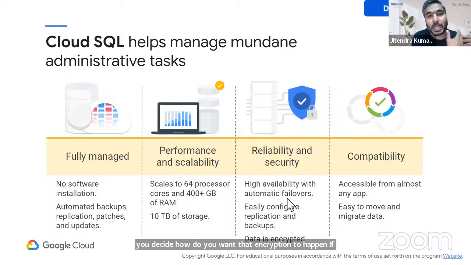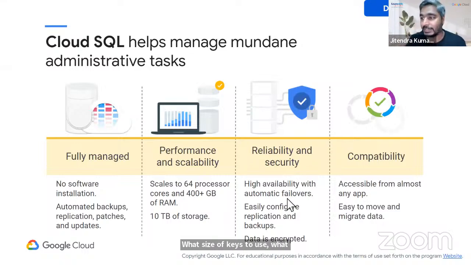If you leave that up to Google for everything, then Google does the default encryption, Google manages the encryption keys, etc. But you have the ability to decide, no, I will tell you how to manage my encryption, what size of keys to use, what algorithms to use, how frequently to rotate my keys, etc. So how that encryption happens is up to us.